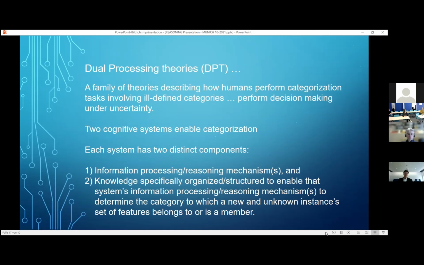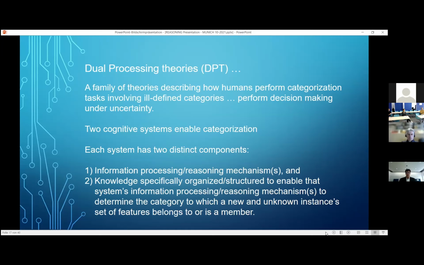Dual processing theory. It's a family of theories. It's not just one theory, but there are different slices or views or perspectives of what this thing is in our head that seems to enable us to perform decision-making under uncertainty. We have reason to believe that there may be 2 interrelated but separate cognitive systems that enable us to perform categorization. And it's important to understand that each system has two distinct components.